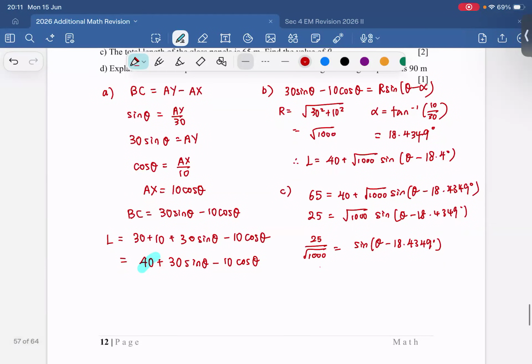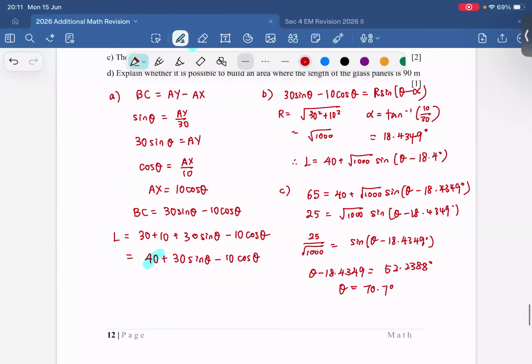So my theta minus 18.4349 is actually equal to sine inverse of that, which will give me 52.2388 degrees. So theta equals 70.7 degrees. Okay, any questions so far?